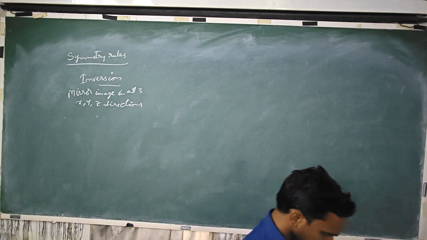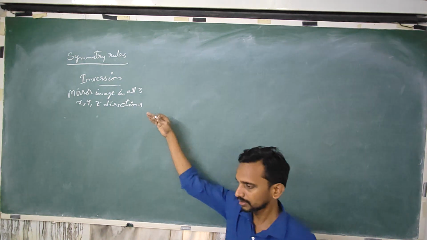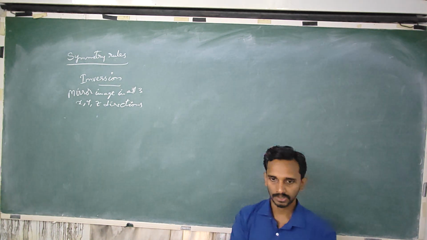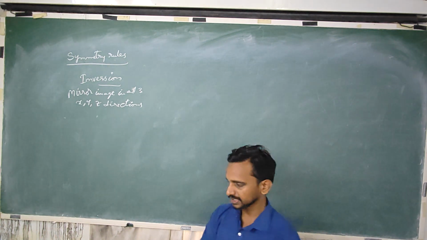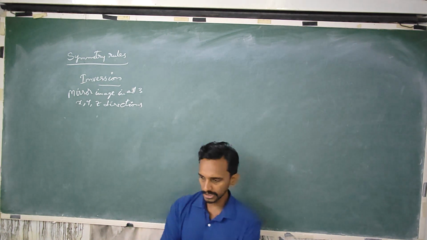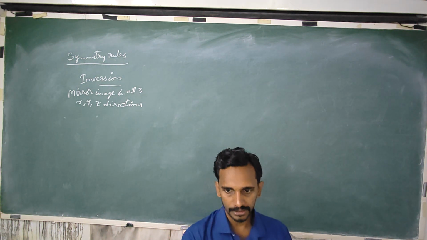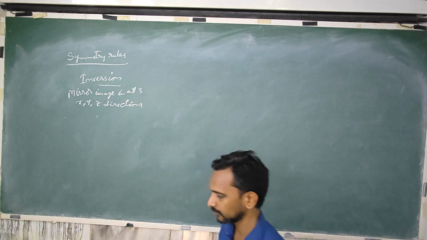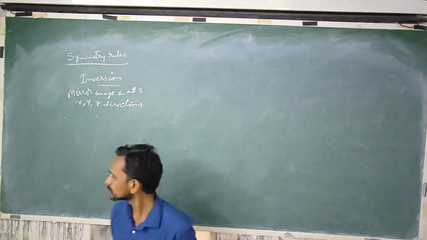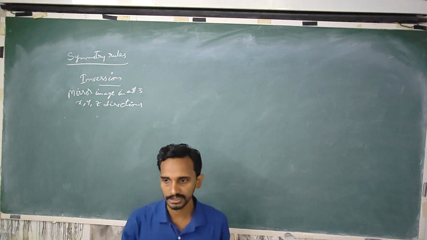If you are given any vector, you take a mirror image in all the three XYZ directions and confirm whether there is a sign change or not. For ordinary vectors, which we call polar vectors, like force, acceleration, displacement, when you take a mirror image, the vector sign changes.